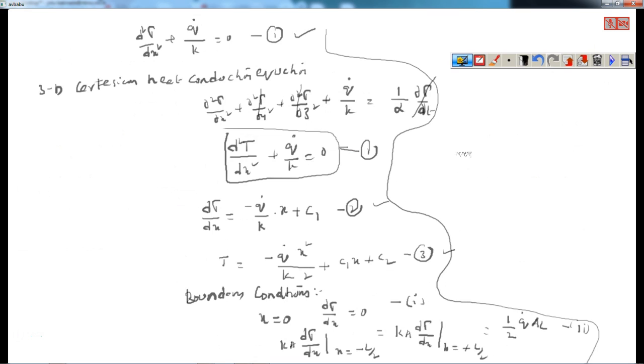Using boundary condition 1, when I use boundary condition 1 in equation 2, means what? dT/dx is equal to 0, and minus q dot by k into x is also 0 plus C1, right? Therefore C1 is equal to 0. When I use the boundary condition, C1 is equal to 0.